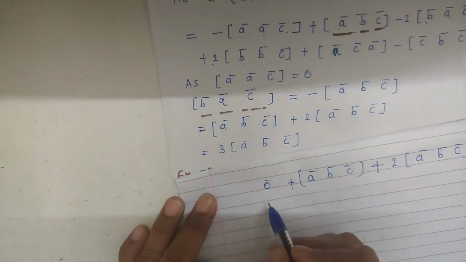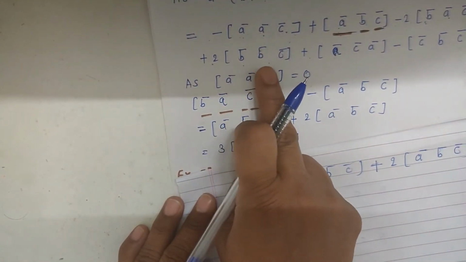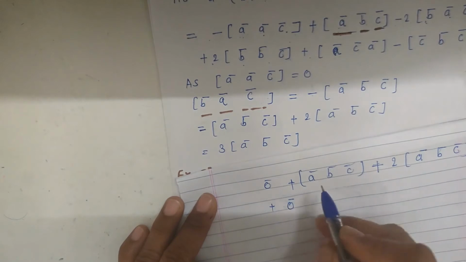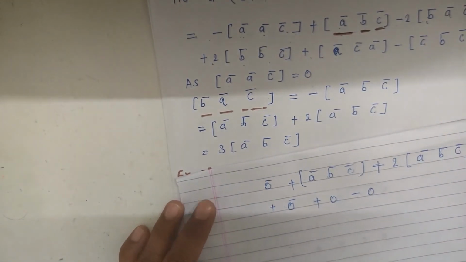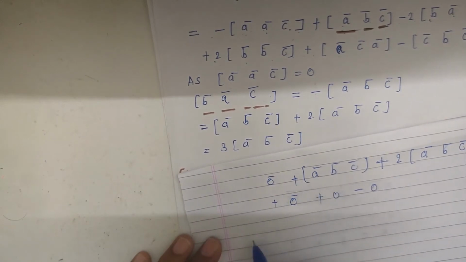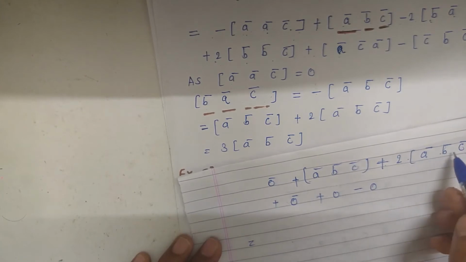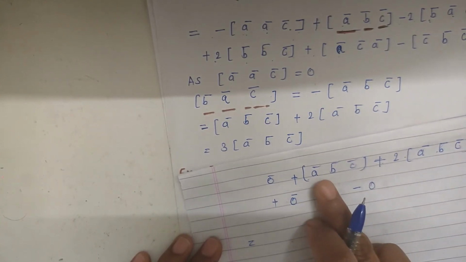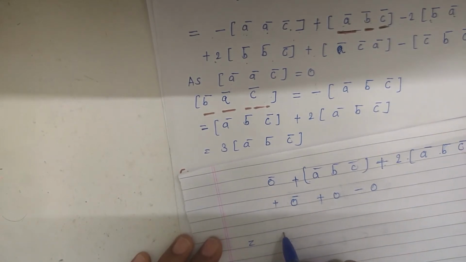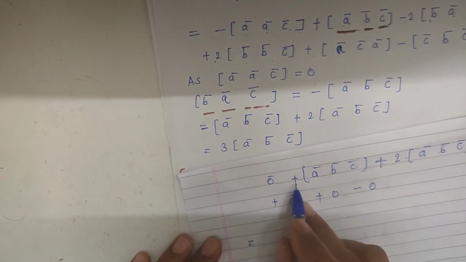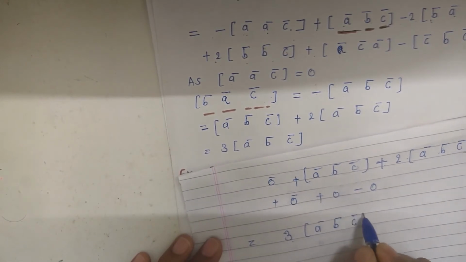Next, the value of the next term is 0 because these two vectors are similar. Next also 0, and the last one is also 0. So here the box product of a bar b bar c bar plus 2 times a bar b bar c bar, these two box products are similar, so we can write the addition of their coefficients, 2 plus 1, 3 times a bar b bar c bar.